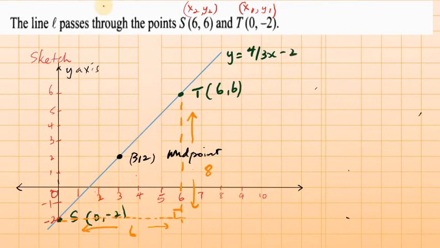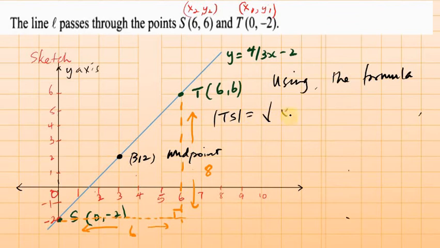Right, so let's see how this will fit into the formula now, using the formula. Right, just to give you practice on that. The length of the line TS is equal to the square root of (x2 - x1) squared plus (y2 - y1) squared.